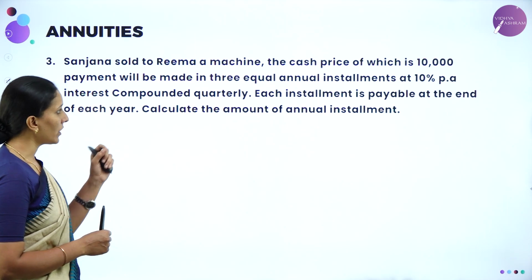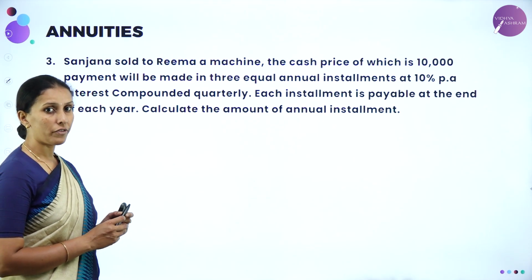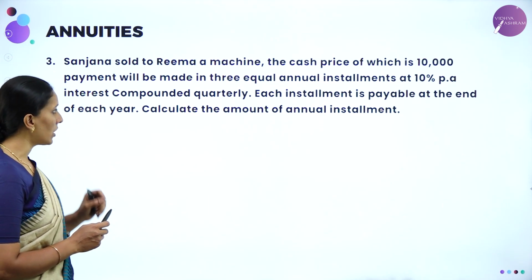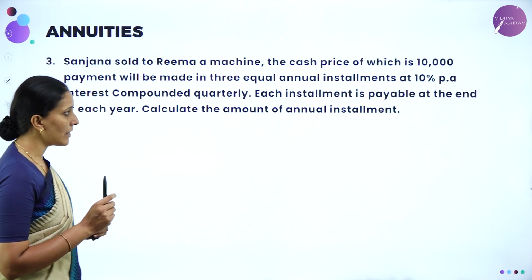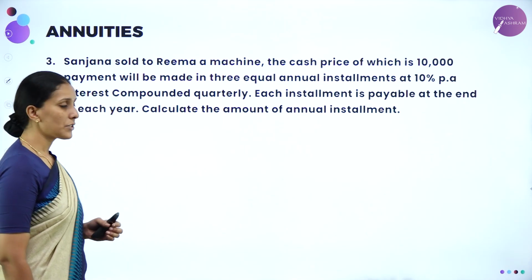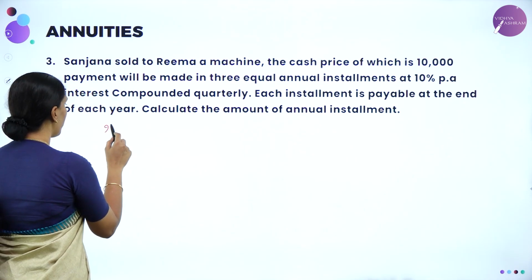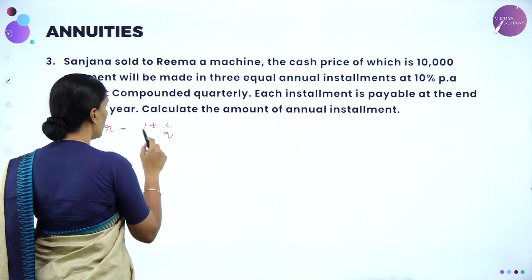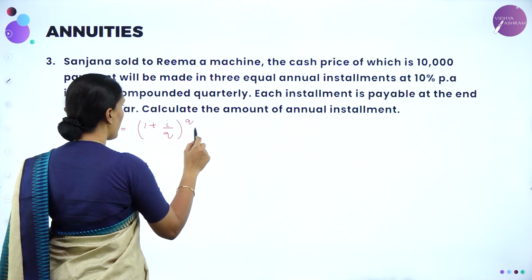So therefore first we need to calculate the effective rate of interest, and if each installment is payable at the end of each year, we also need to calculate the annual installment. That is, we need to calculate the annuity here. So first we will calculate the effective rate of interest R, which is given by (1 plus I by Q) to the power Q minus 1.